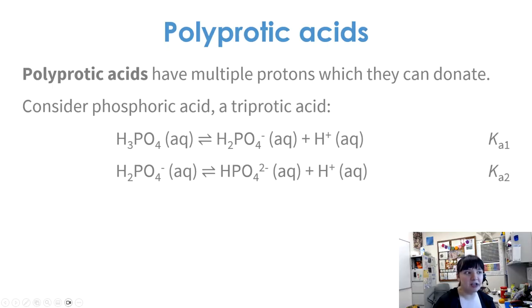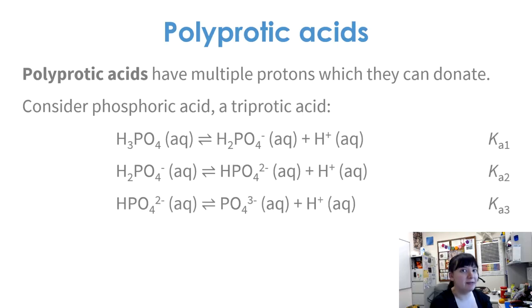So that dissociation step is shown right there. And then because we still have yet another proton at the front of that HPO4, that can also dissociate. And so then we have this third step of the PO4 3 minus, or phosphate ion, being produced, as well as H plus. And so with this triprotic acid, we see three acid dissociations occur.